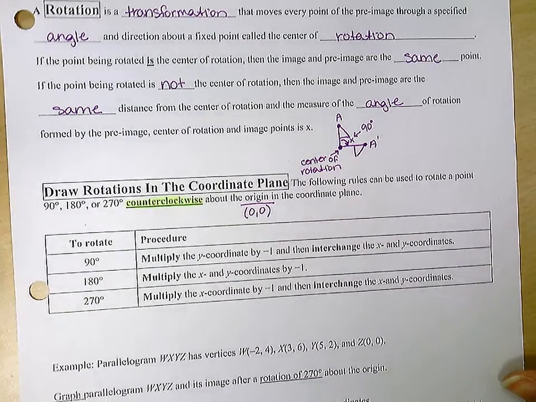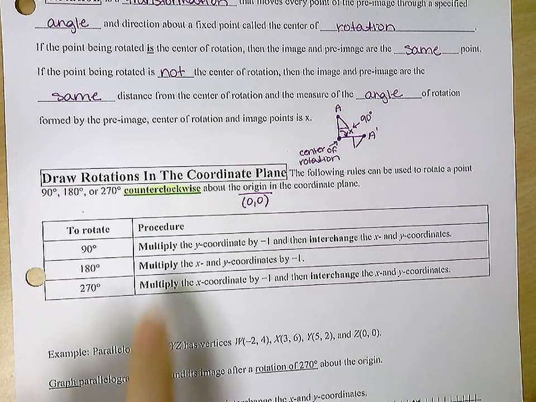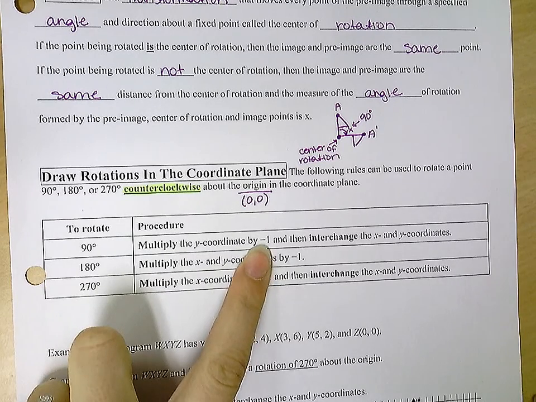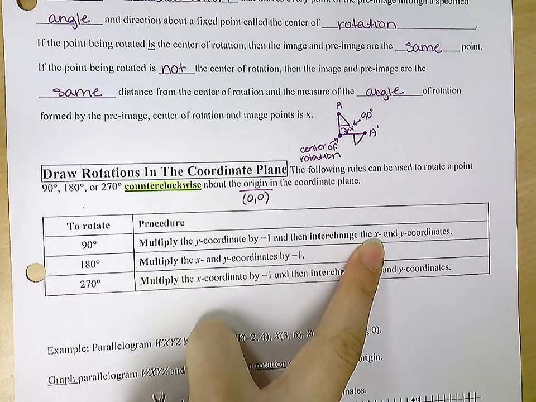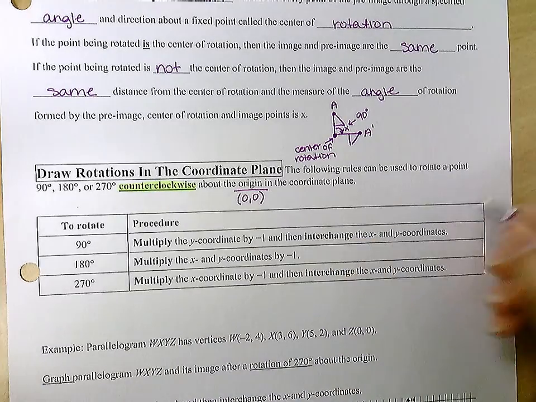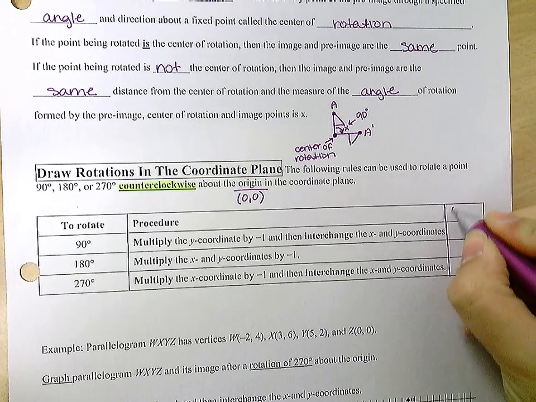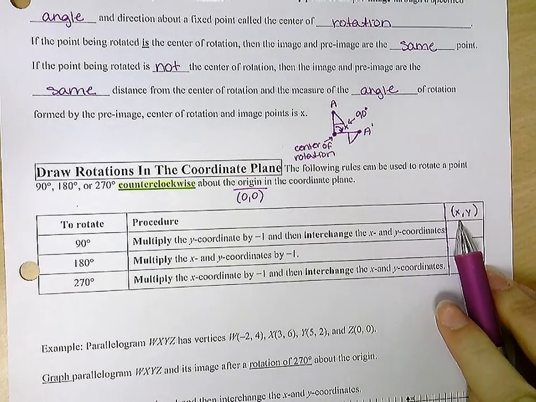To rotate 90 degrees counterclockwise, you need to multiply the y coordinate by -1. So you're going to take the opposite of it, and then interchange the x and y coordinates. I'm going to add this extra little chart to the back here. My original coordinate is (x, y).